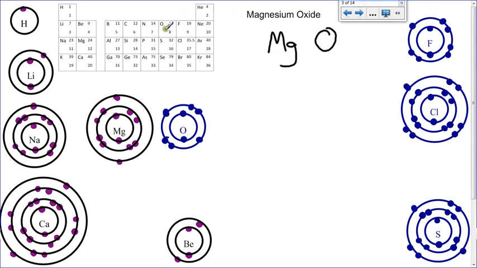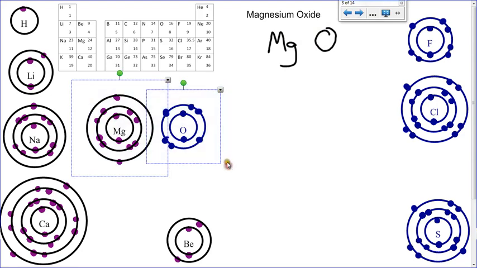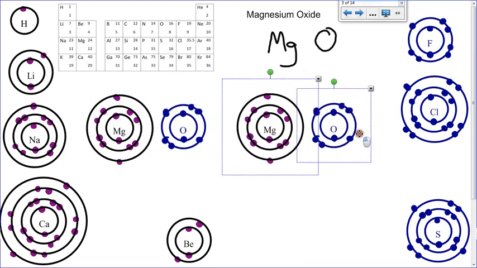Oxygen is in group 6, so it's going to need 2 electrons. So between them, they're going to balance out. They're going to be able to provide on a 1-to-1 ratio the exchange of electrons they need. Magnesium is going to give away 2, oxygen is going to gain 2. So we've started off with a magnesium and an oxygen. Let's try and show now what's going to happen later.